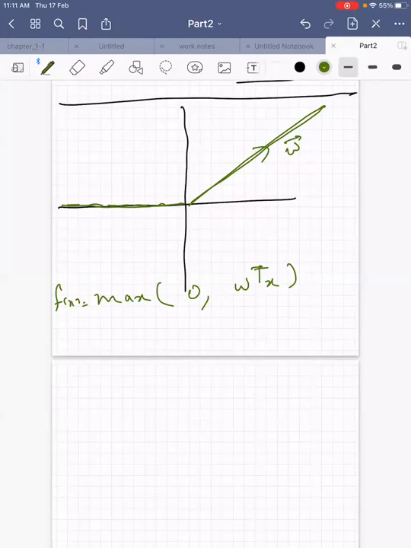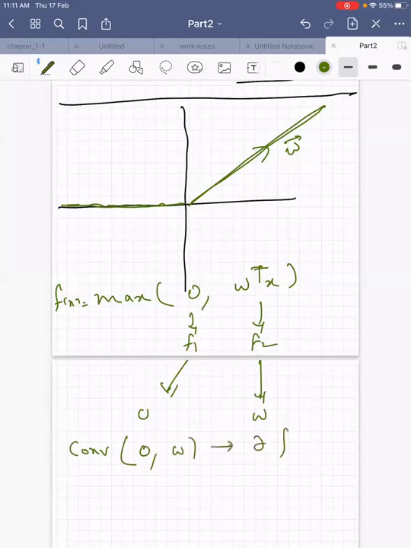So basically, there are two functions: one is this F1 and the other is this F2. What is the slope of F1? 0. What is the slope of F2? W. So basically, all possible convex combinations of 0 and W is the subdifferential of this function. Simple. Okay?